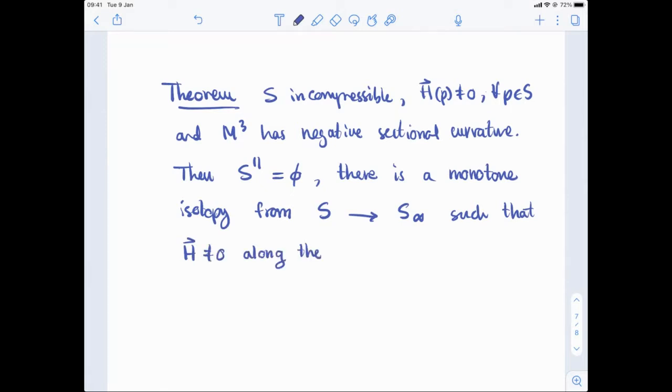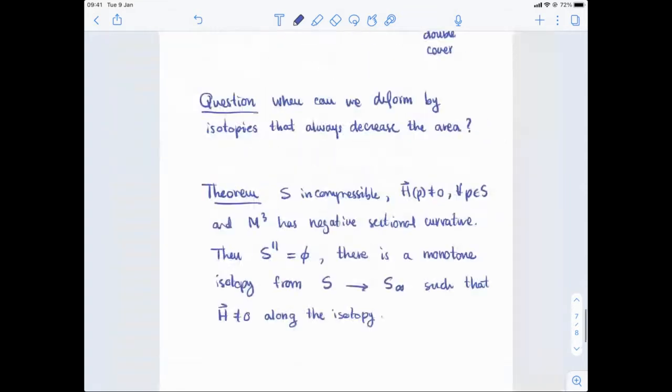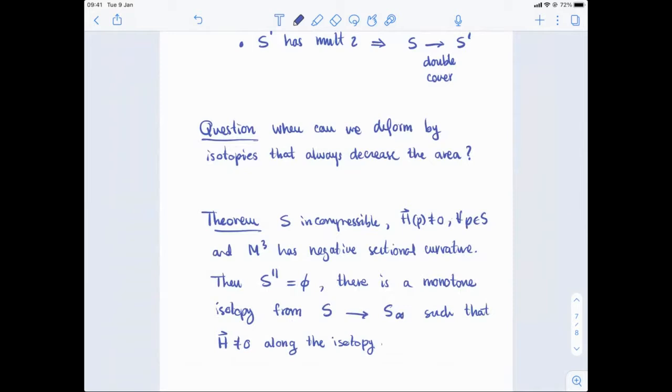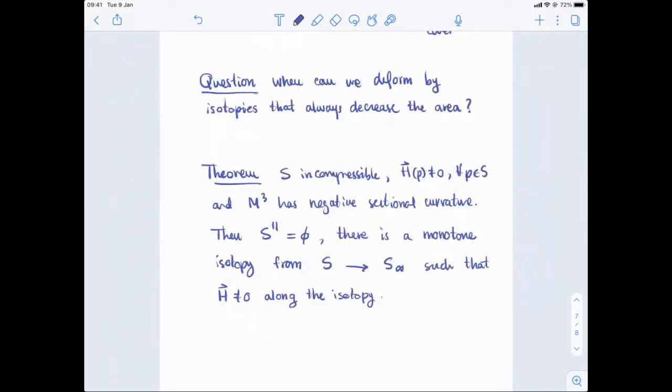So of course, at the last time, the mean curvature is going to be zero, but in between it is not. Okay. So let me now, any questions? So this isotopy will decrease the area. So let me just explain.